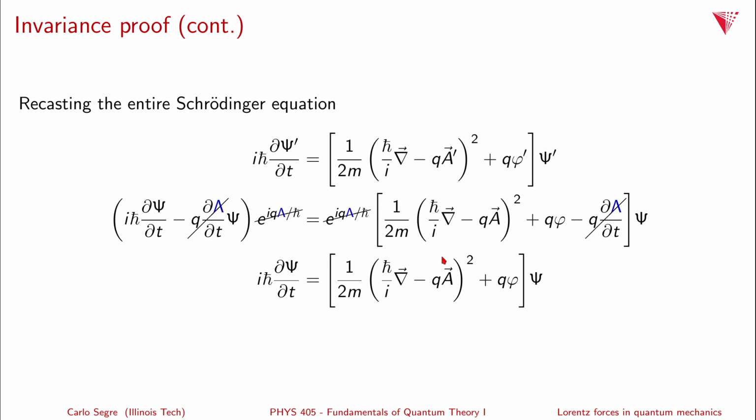So that shows us that the Schrödinger equation is invariant as long as you add a phase factor to the solution. And so we can show, therefore, that under gauge transformation, there's an invariance of the electric field, magnetic field, as well as the Schrödinger equation.